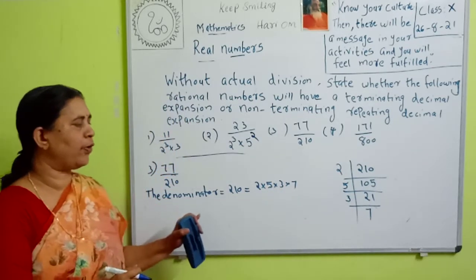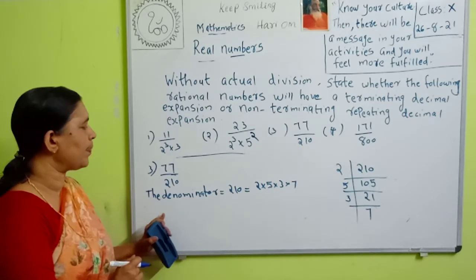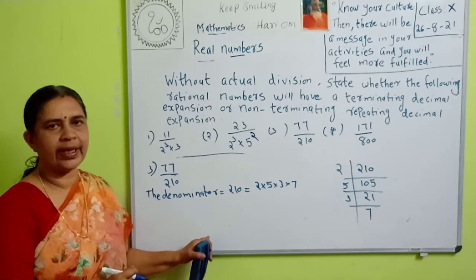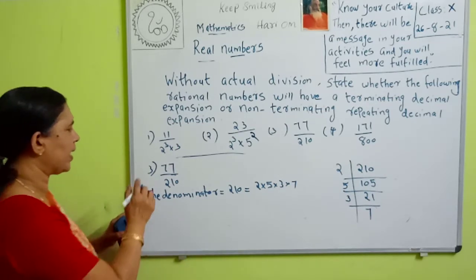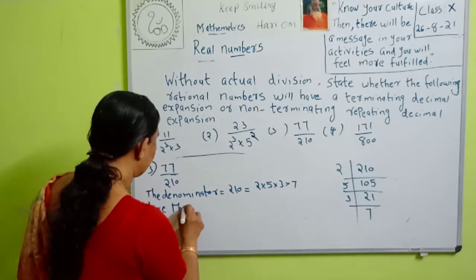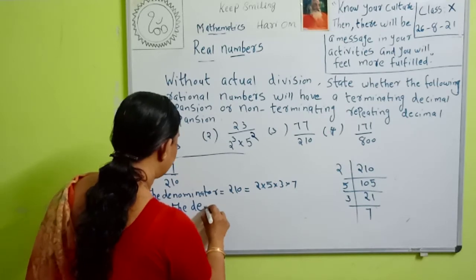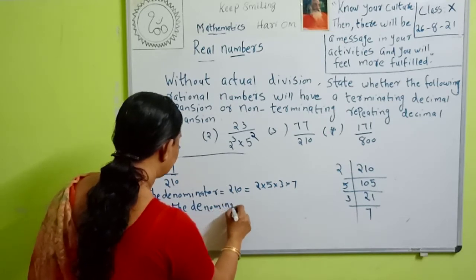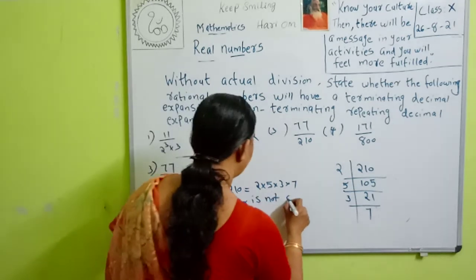Then is it of the form 2 raised to m, 5 raised to n? Here the denominator is not of the form 2 raised to m, 5 raised to n. So what we can say, this decimal expansion is non-terminating.